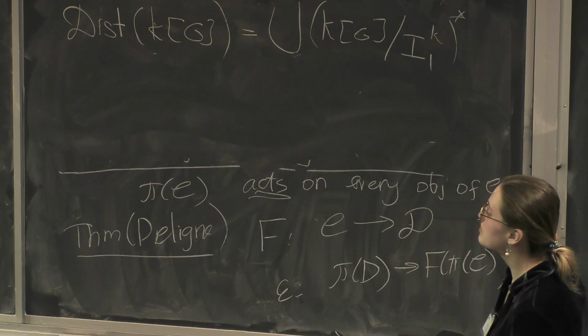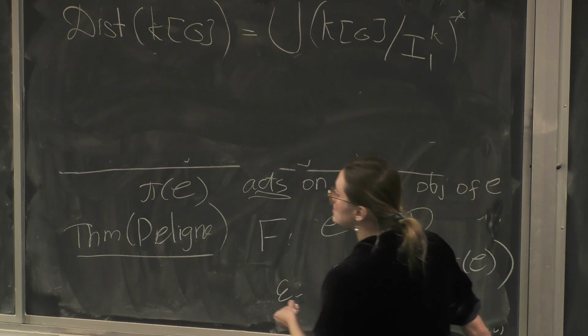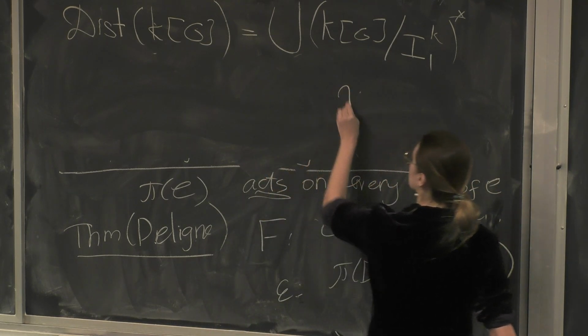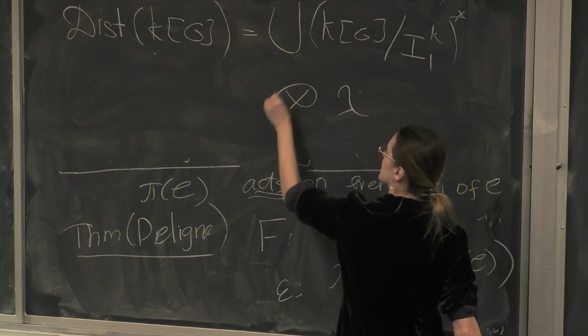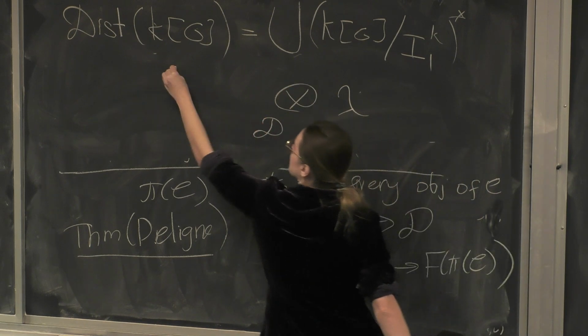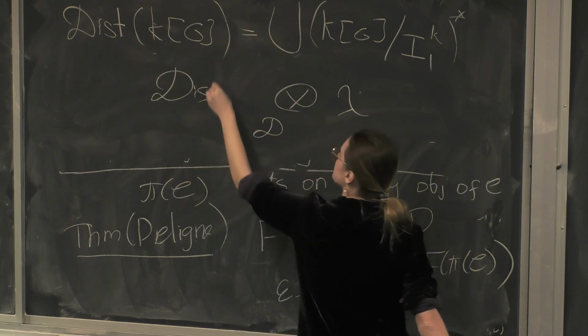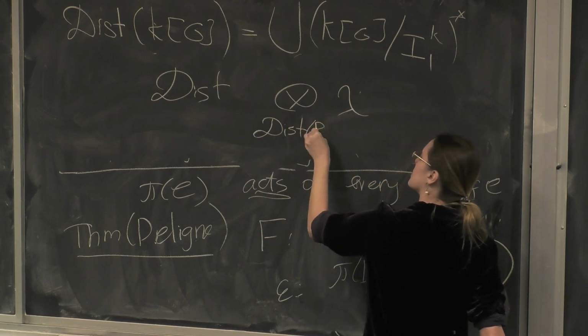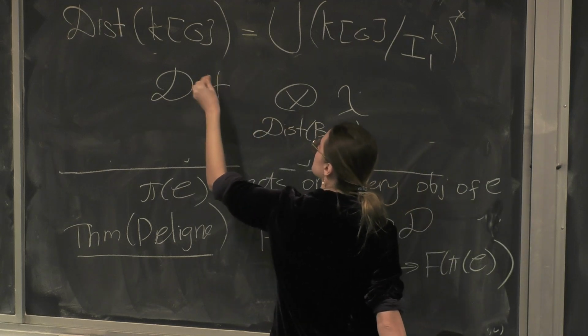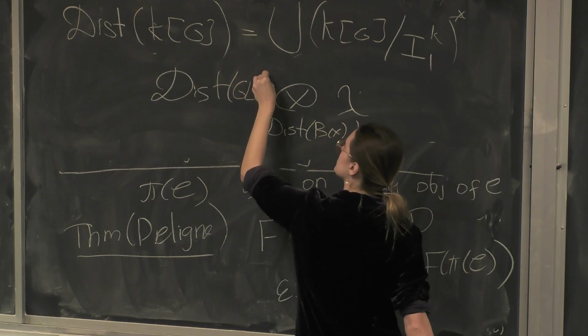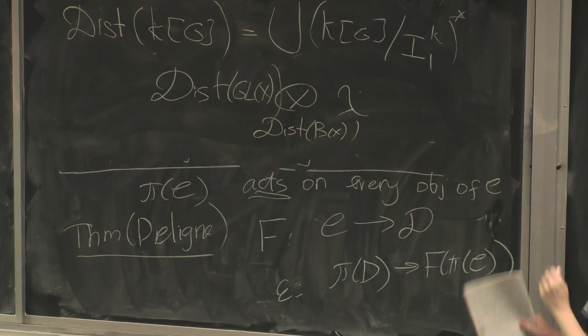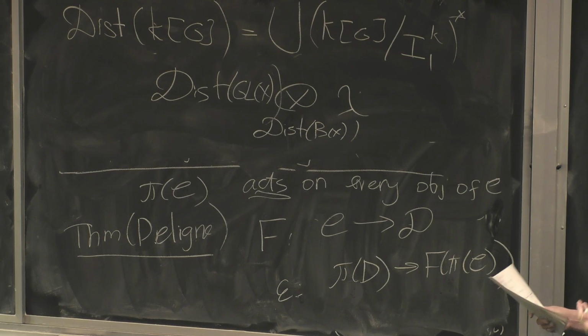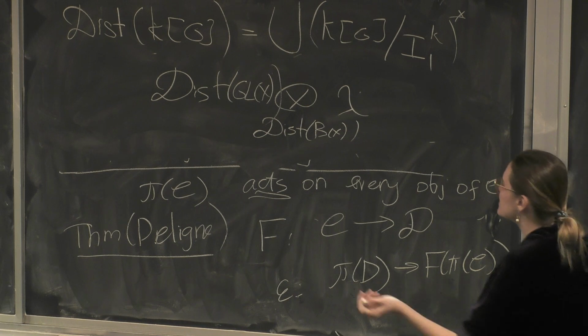There is some answer given by Siddharth, but basically you want to start with this representation lambda and tensor over distributions on B with distributions on G, L of X. And that's going to give you some sort of generalized Verma module.